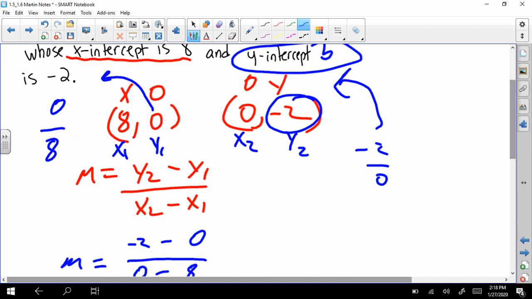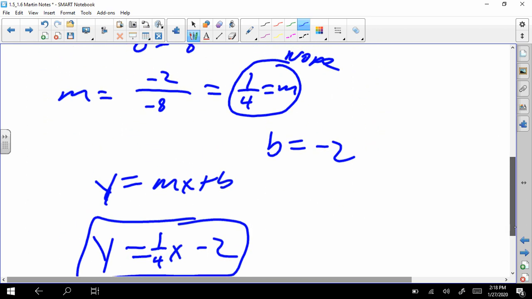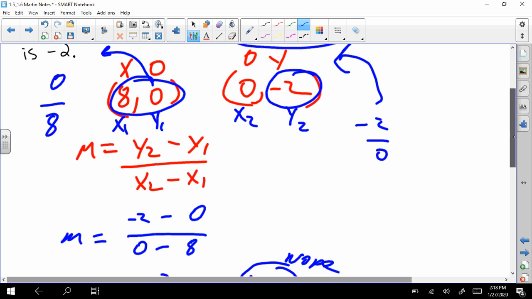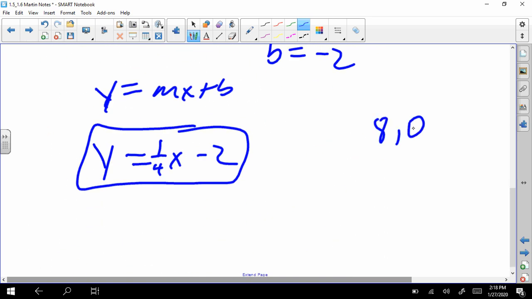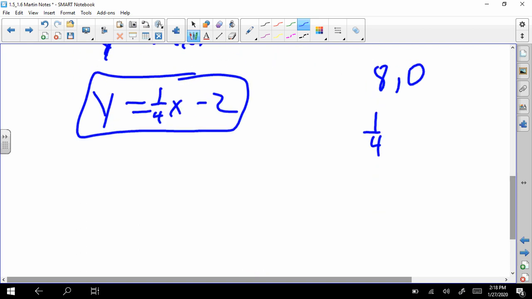You could have gone back and taken the point and the slope and used point-slope form to arrive at the same place. It would take quite a while, comparatively, but you could. 8 comma 0 is my point. My slope is 1/4. Point-slope form looks like what? Oh, y minus y1 equals m times x minus x1.